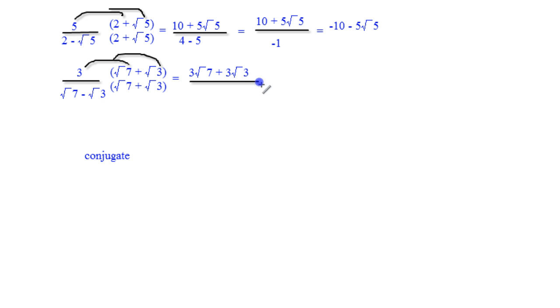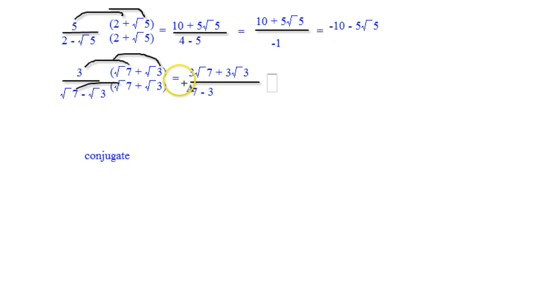Now remember I don't simplify that because those don't have like radicals. And then on the bottom, I'm just going to pay attention to the first and last. So root 7 times root 7 is root 49. Okay, and then it's going to be minus the square root of 9. Now if you notice, those are going to simplify really fast to just 7 and 3.